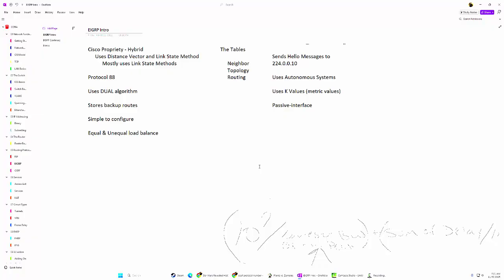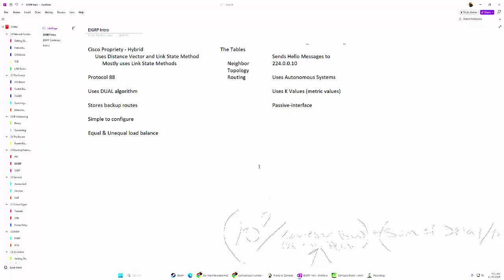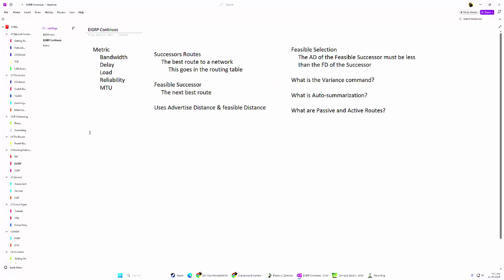I could also go under router EIGRP and say passive interface default. That means every interface is now not enabled for EIGRP, and then for each particular interface I can say no passive interface G1, meaning that's the only interface that's going to do it. Either way, it solves the actual issue.